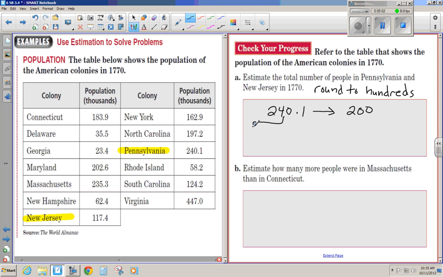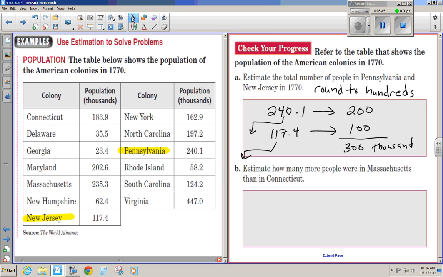So 4 to the floor. 117.4 gets rounded to the hundred spot. The 1 is less than 4, that's to the floor, so that would be 100. So now our estimating: 300,000 people live in Pennsylvania and in New Jersey. That's our estimated solution.